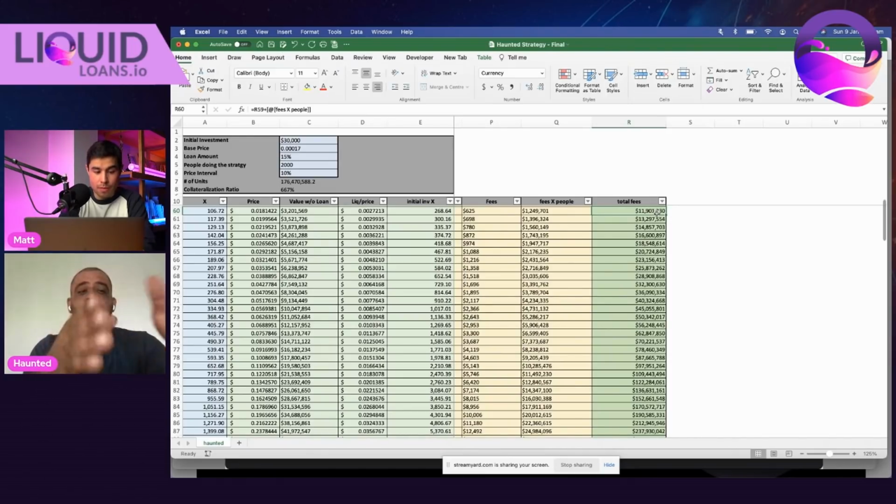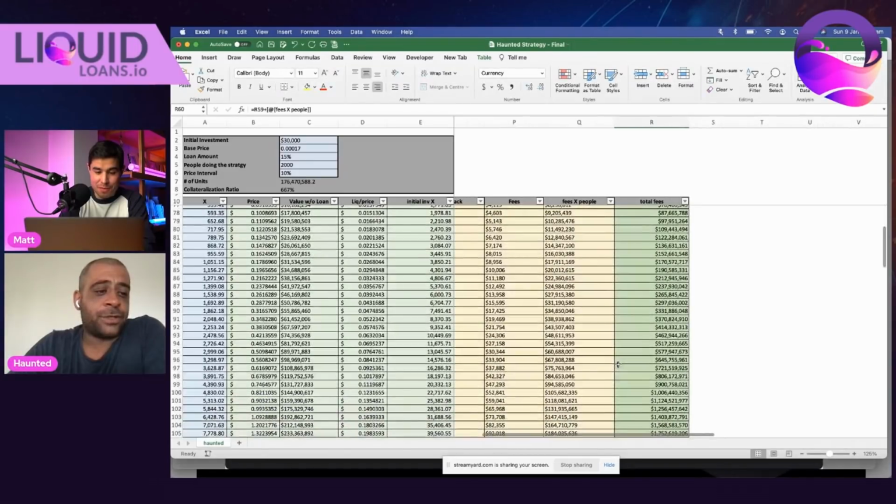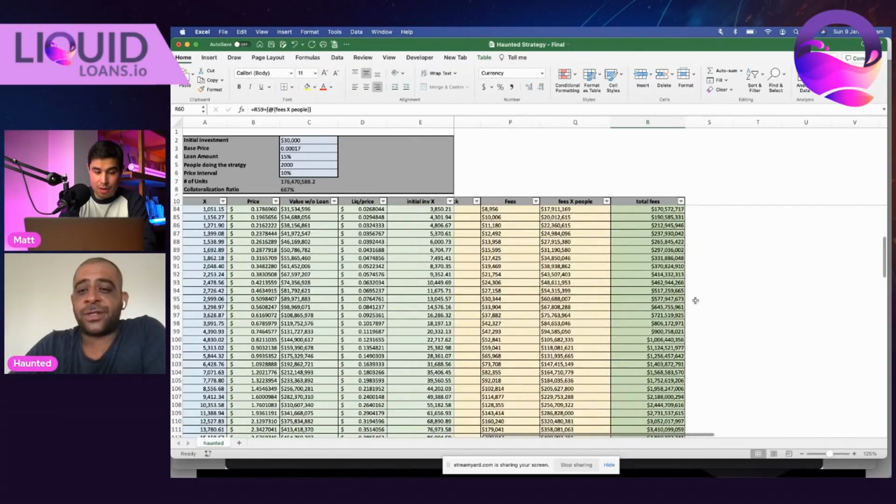This is just based on the 2,000 people doing this strategy. At 106x, we've got almost $12 million sitting in there already. And if we move up to 1,000x, we've got 170 million sitting in that pool, just from the 2,000 people doing this strategy.